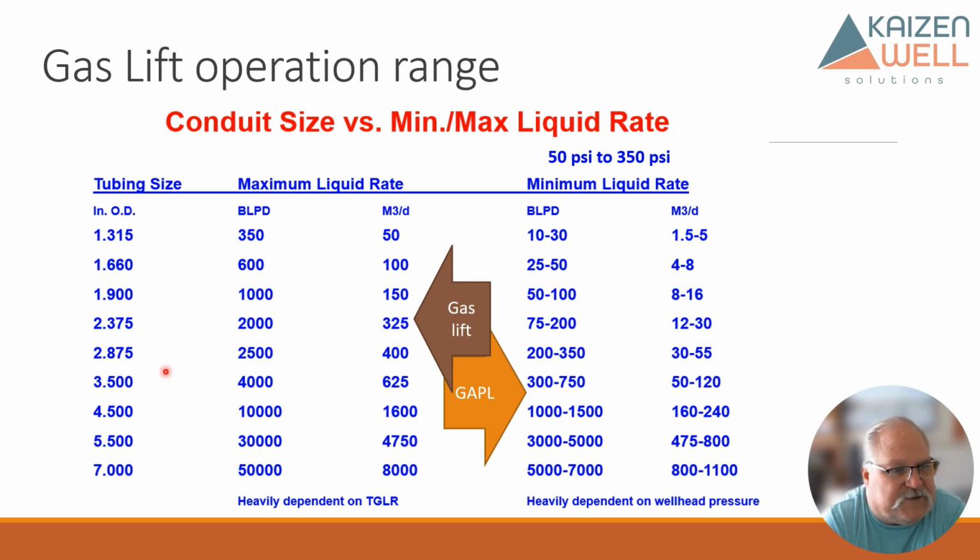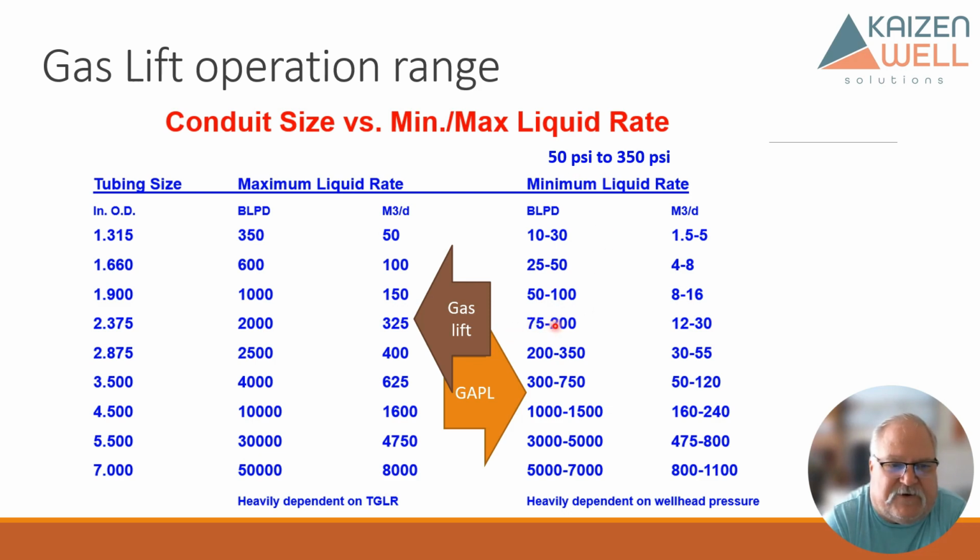So here's an example. Let's go 2 3/8. Our maximum liquid rate is probably around 2,000 barrels a day that you're going to push through 2 3/8 with gas lift. And when you start getting down to anywhere between 75 and 200 barrels a day, depending on pressures, you're starting to get into deliquification.